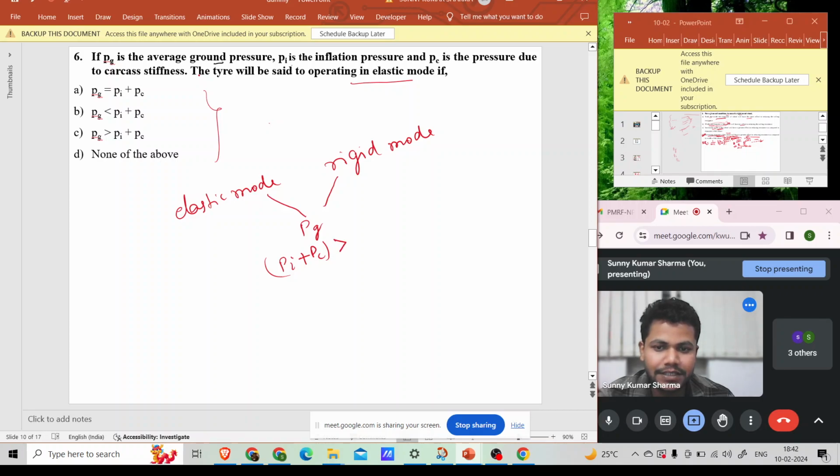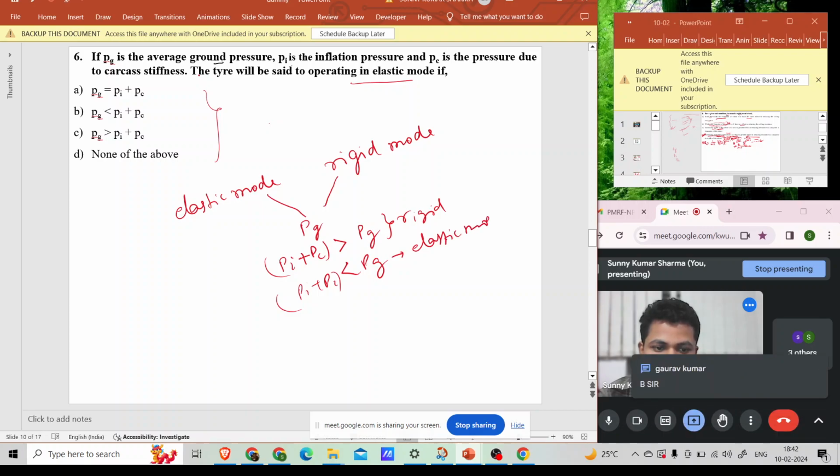If this PI plus PC is greater than PG, then this is said to be rigid mode of operation. And if this PI plus PC is less than the ground pressure, then this is said to be elastic mode of operation.